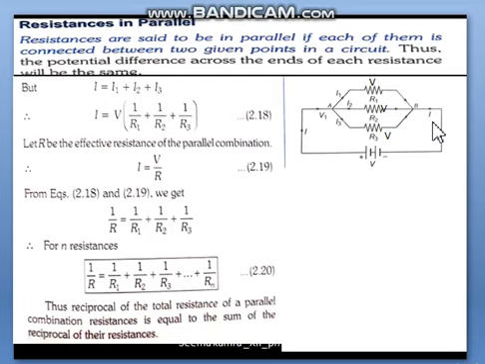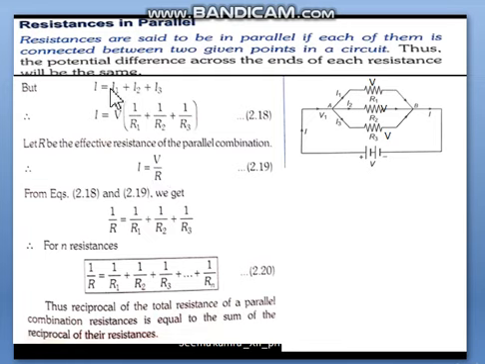Now to find the equivalent resistance of these three resistors, we have to do the derivation, and the trick is to always start the derivation with the quantity which is not the same. So think: is voltage not the same or current not the same in parallel? Current is not the same, so we will start with the equation I equals I1 plus I2 plus I3. Now we have to take help of Ohm's law. Each current we replace by V by R respectively.